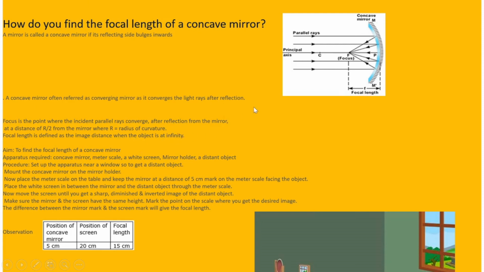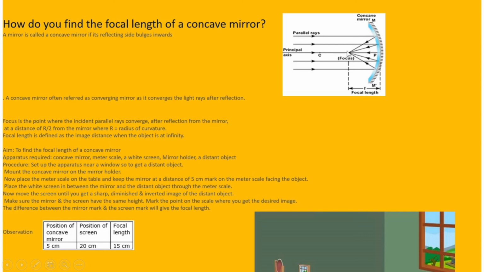When the object is at infinity, let's say there is a tree here, and the parallel light rays are passing, and we have placed a concave mirror here. The mirror will reflect the light, and the rays will converge at a point which is called the focus.